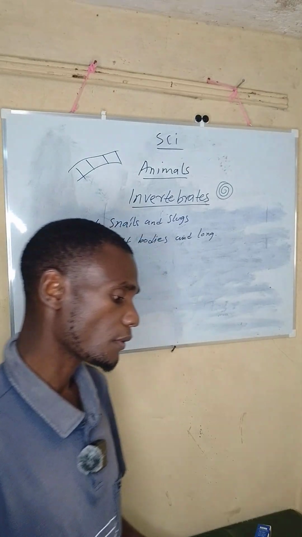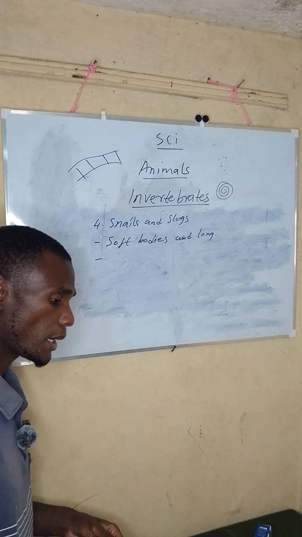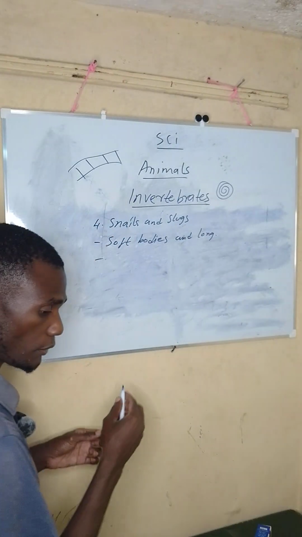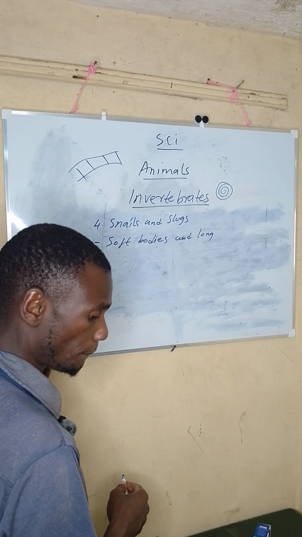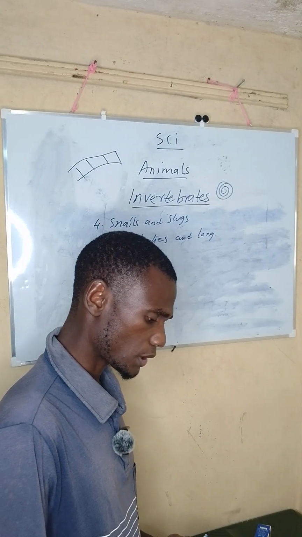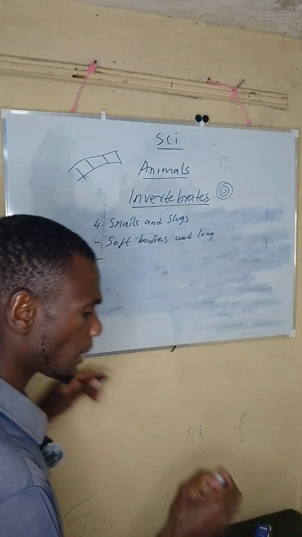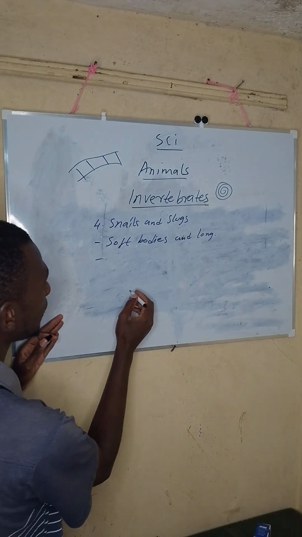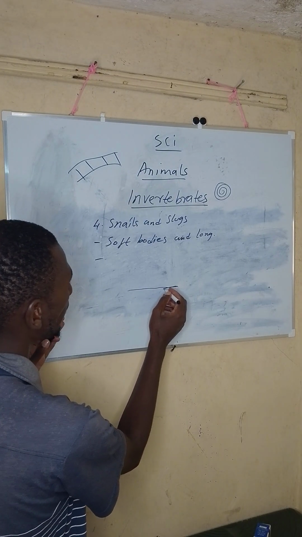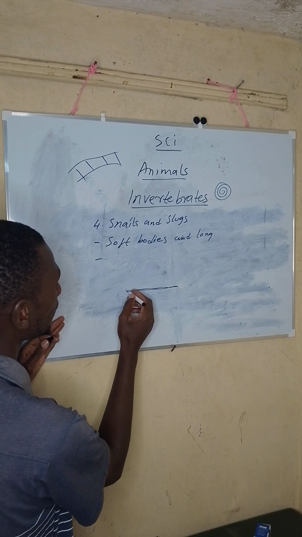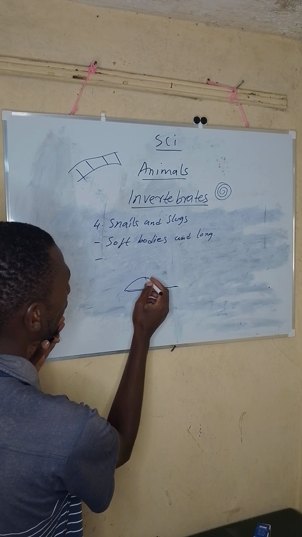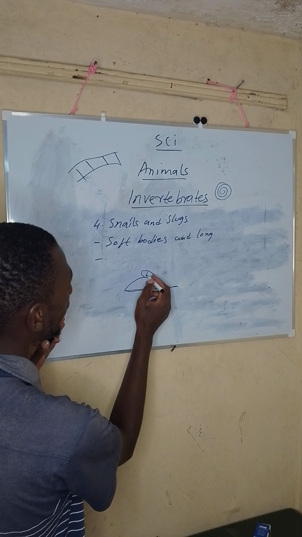These animals also have segmented bodies. Not segmented bodies. Mostly these animals, for example, if I can draw a snail, let me try.